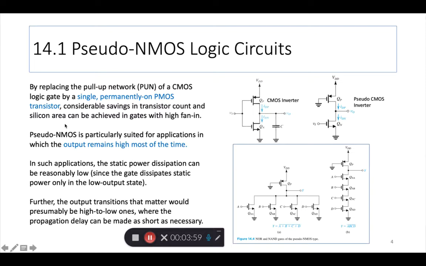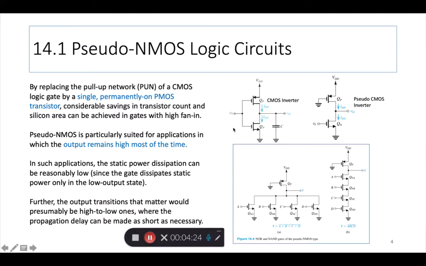I'm not going to spend too much time on it. This is a big topic, but we at NAU have not included the details of this as part of the requirements. The next topic will be covered in more detail, but I thought I would at least bring one slide to tell you what pseudo NMOS is in case you run into this sometime in the future.